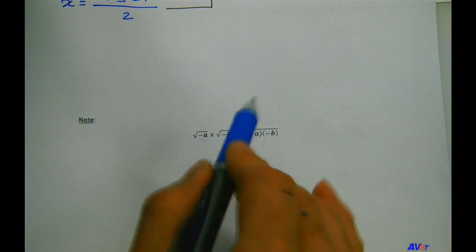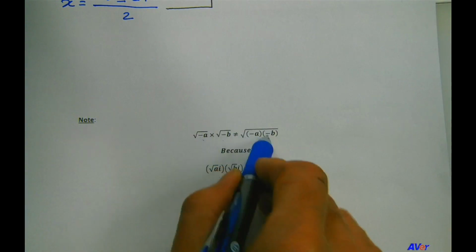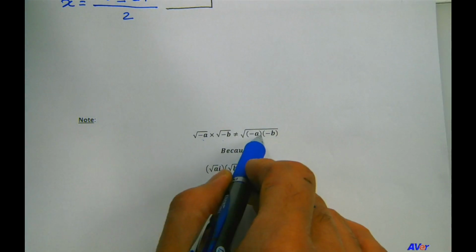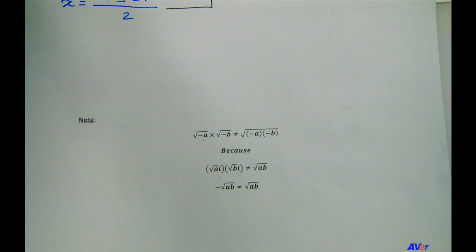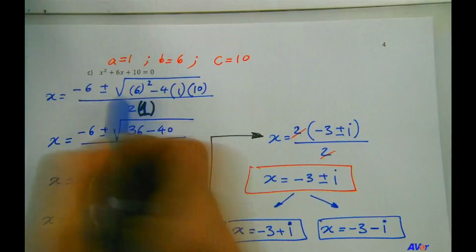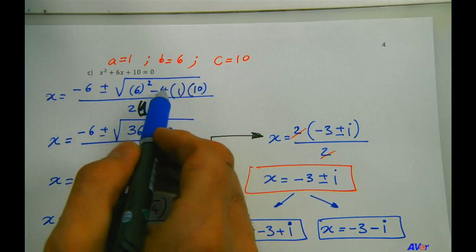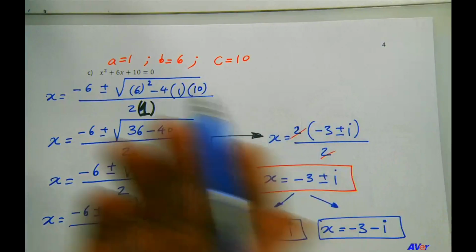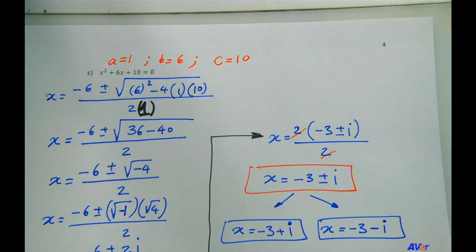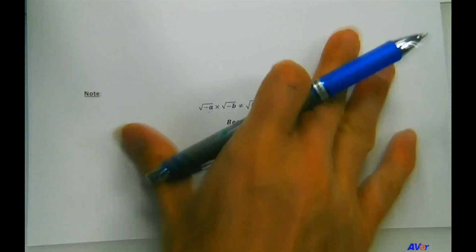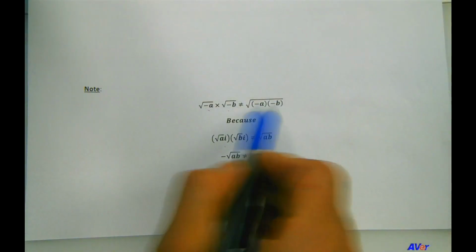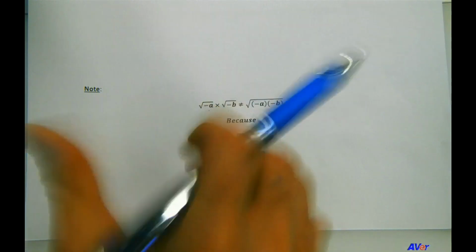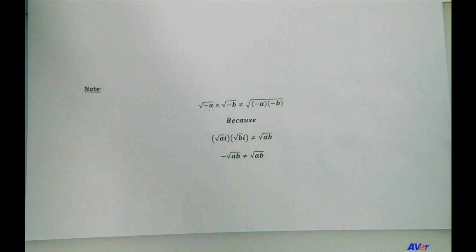No. Only if the negative numbers are under the same radical expression, which happens a lot actually using the quadratic formula. It happens quite a lot when you end up with a negative number and then you add a larger positive number to it, and eventually you end up with a positive number, not a complex number. So if the negative numbers are under the same radical expression, you can multiply them and say they're positive. But not if the negatives are under different radical expressions.